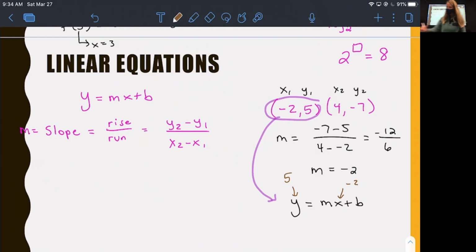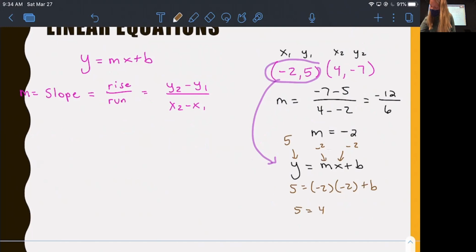-2 as well, because that's what we just found for slope. And so now this equation is 5 equals -2 times -2 plus b. What's -2 times -2? 4. So 5 equals 4 plus b. So what's my b going to end up being? Subtract the 4, subtract the 4.